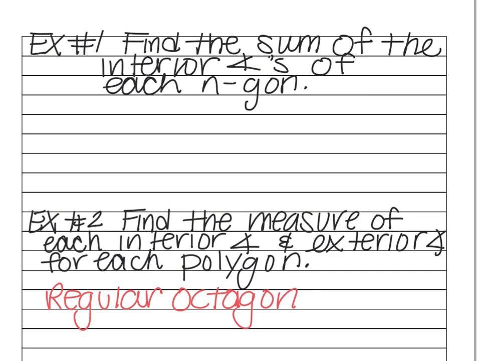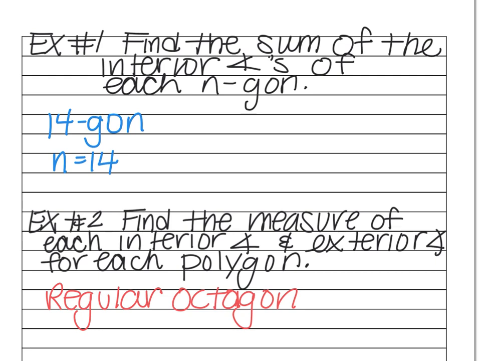Let's do an example. It says find the sum of the interior angles of each polygon. The first one I'm going to give you is a 14-gon. That means it has 14 sides, so n would equal 14.